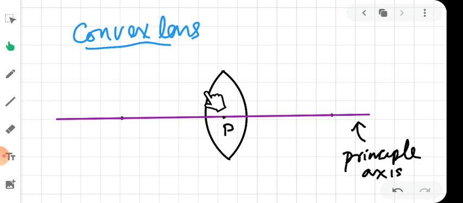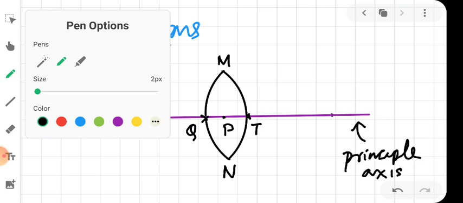See, let me show you one thing. We have two interfaces here. Let me call this point M, this point N, and this point on the axis Q, and over here let me call it T. As you can see, there are two interfaces.